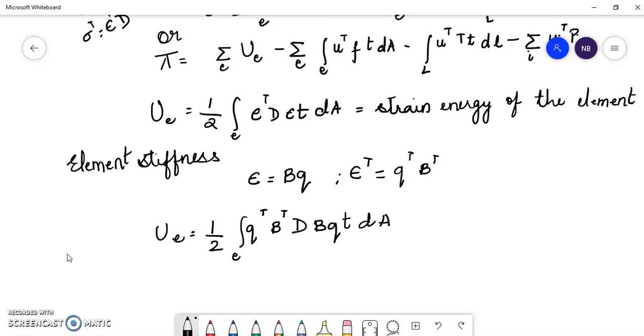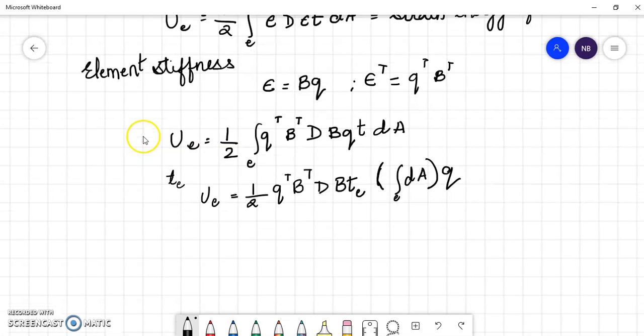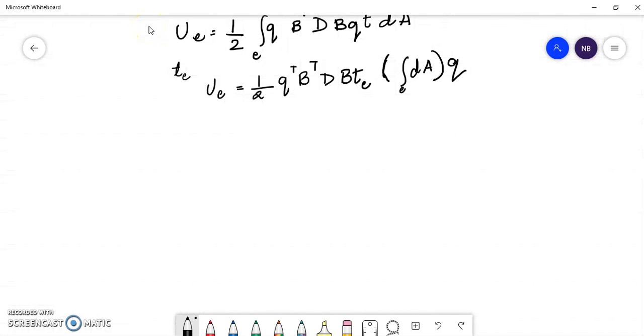Taking the element thickness Te as constant over the element, and remembering that all the terms in D and B matrices are constant, we can write that UE equals to half Q transpose B transpose D B. T is now written as TE, so I have rearranged the terms into integral dA into Q. We know that the integral of dA has to be equal to AE.